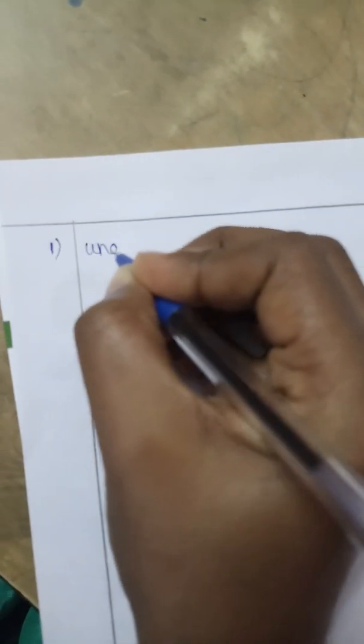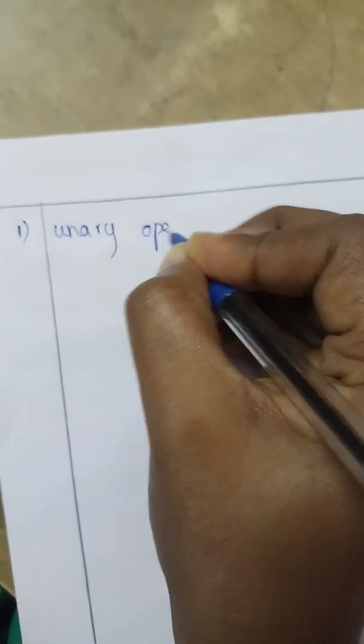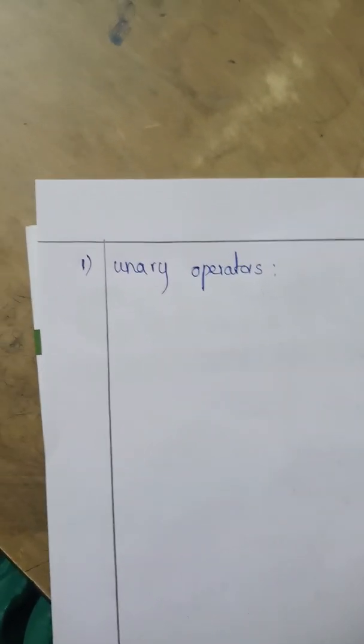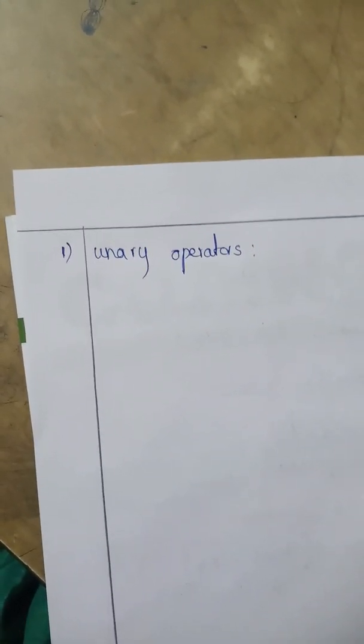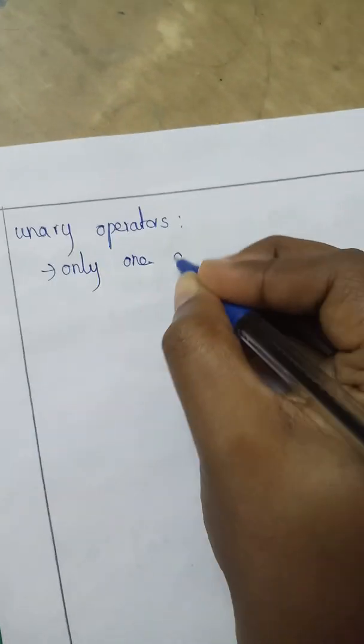The first one is unary operators. A unary operator operates on only one operand.